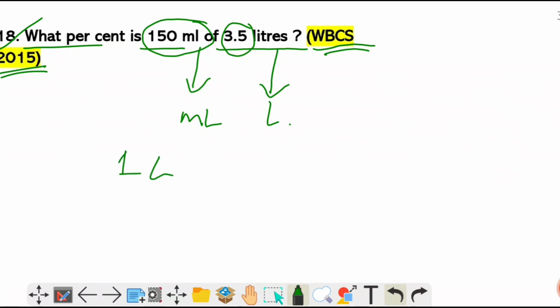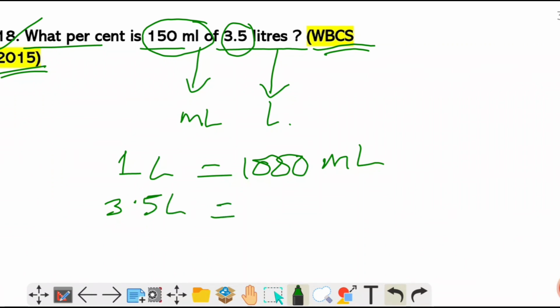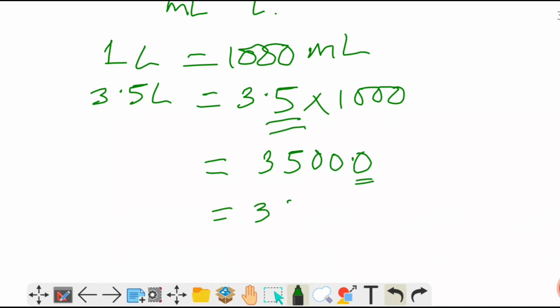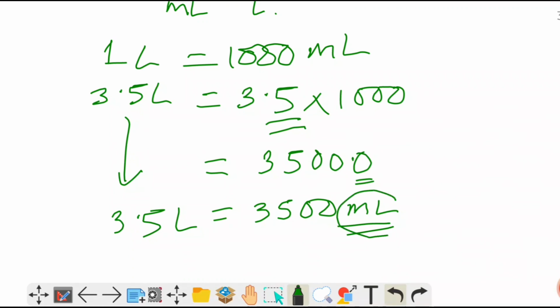As we know, 1 liter equals 1000 milliliter, so to find 3.5 liter in milliliters we'll multiply by 1000. Here we'll get 35000, and putting one decimal in front of 0, we'll get 3500 milliliter. Now the units are the same, and we can apply the formula and solve the question.